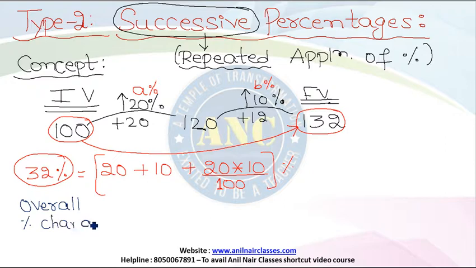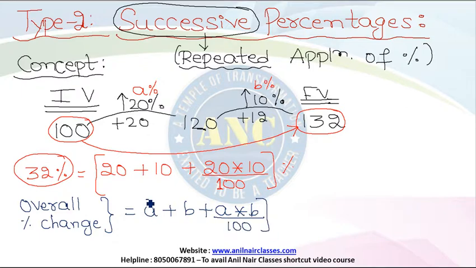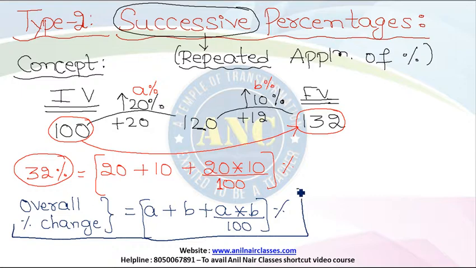This is given by the notation: 20 is A, 10 is B, so A plus B plus A into B divided by 100 percentage. Very important notation. Whenever there are a minimum of 2 percentage changes, again I am repeating the statement, I can always apply successive percentages, which is given by the notation A plus B plus A into B by 100 percentage.